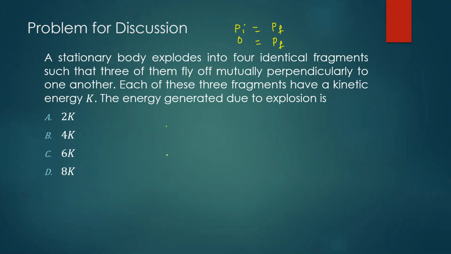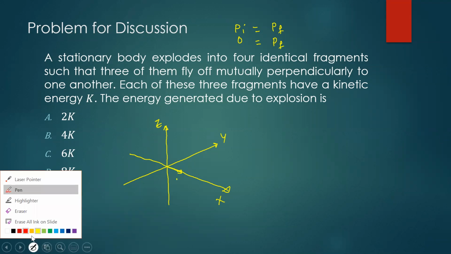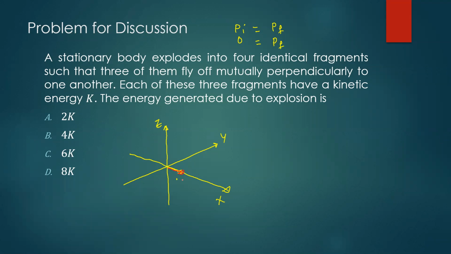Let's say 3 of them are moving along 3 mutually perpendicular directions, x, y, z. Because they have the same kinetic energy, they should have the same linear momentum, identical particles. So the linear momentum along the x-axis is p, along the y-axis is also p, and along the z-axis is also p.